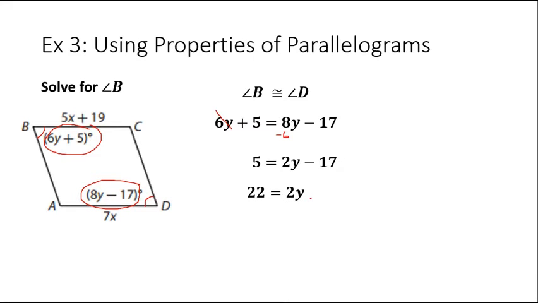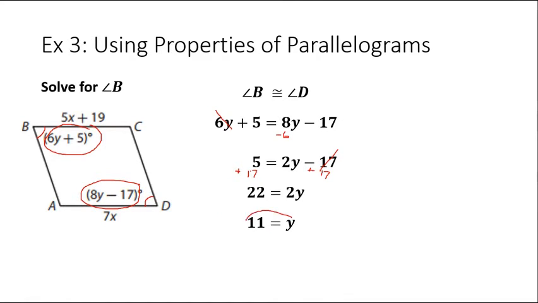So I just added 17 to both sides. Remember, this one eliminates. We add 17 over here. So 5 plus 17 gives us 22. Now I divide by 2 and I get 11.